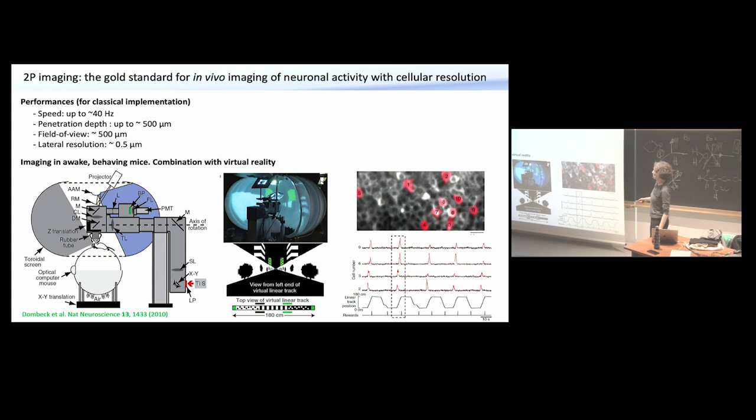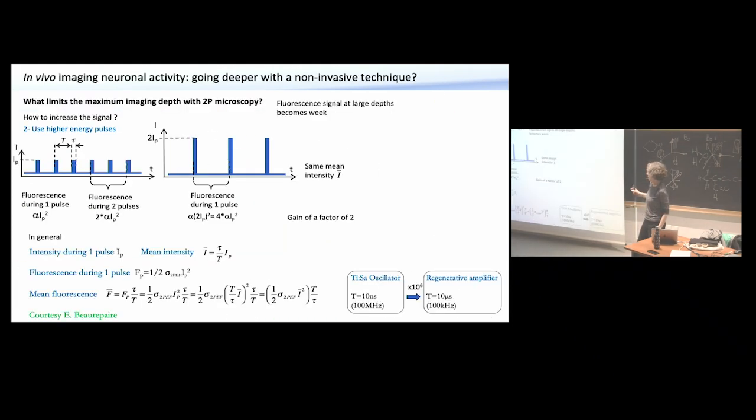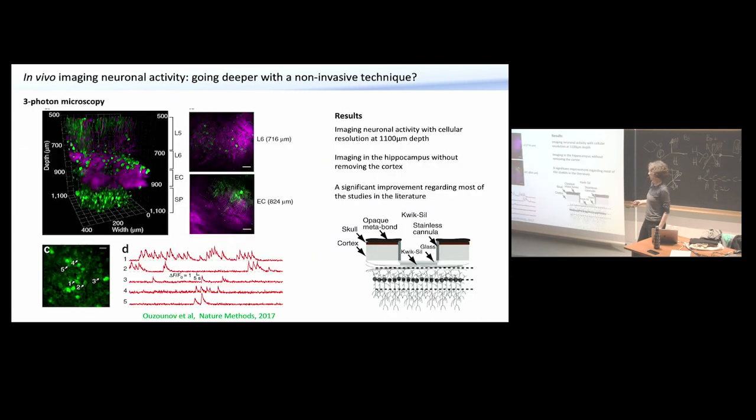So this one, they were also looking at the hippocampus, but to look at the hippocampus, they had to remove the cortex. So they removed this, the cortex is 1 millimeter deep, they removed 1 millimeter of brain in order to look at what's below. So for sure, it's not that great.